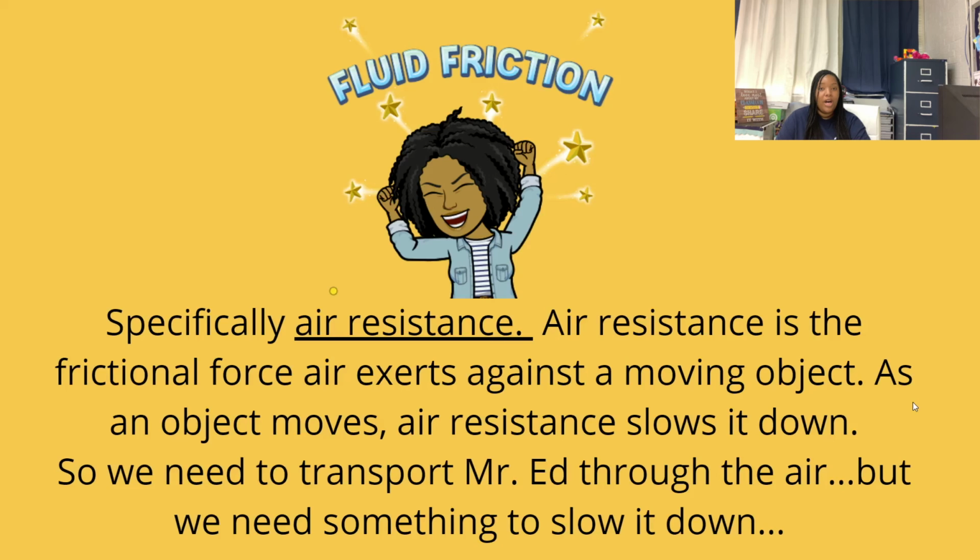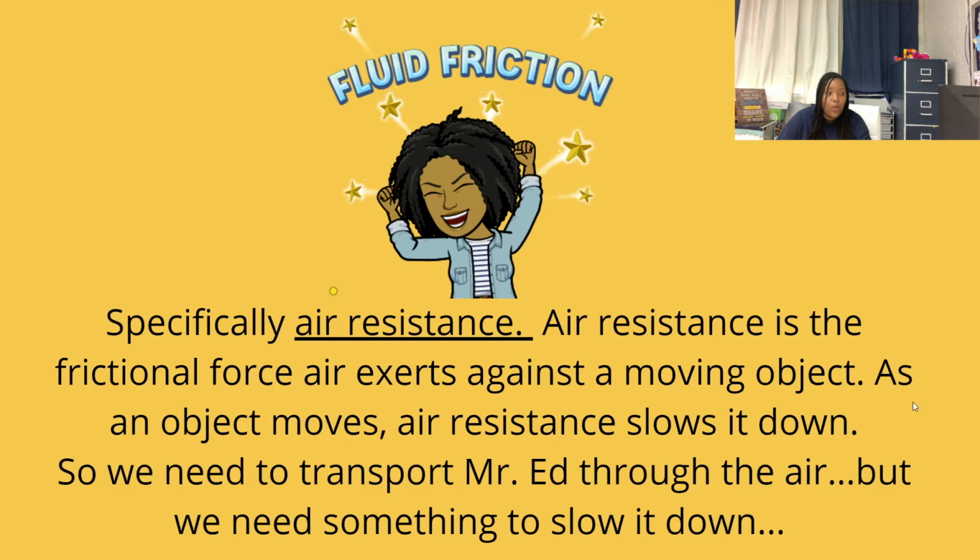So again, we want to use fluid friction, specifically that air resistance that I was talking about. Air resistance is the frictional force that air exerts against a moving object. As an object moves, air resistance slows it down.